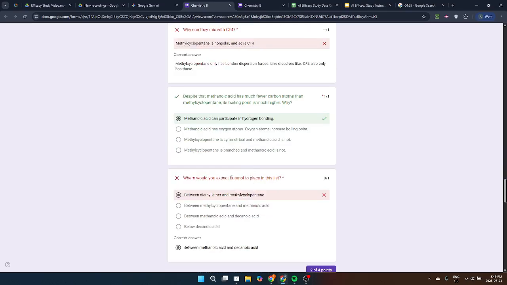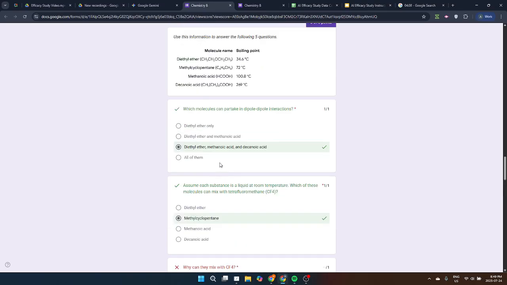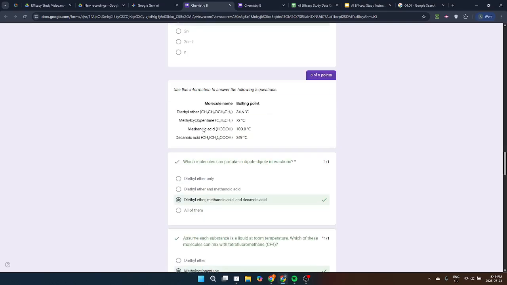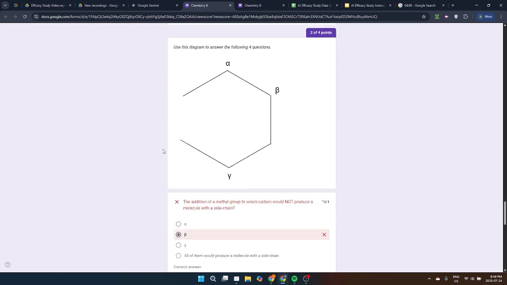I completely skipped over the fact that it's an alcohol and not a hydrocarbon. So I think that was why I got this one wrong. I think in my mind I read butane, so I put it there, but because it's butanol, it should be between these two, methanoic acid and decanoic acid. But yeah, this is just a bit of a time crunch question.